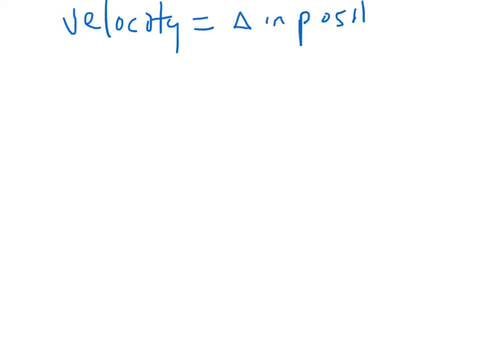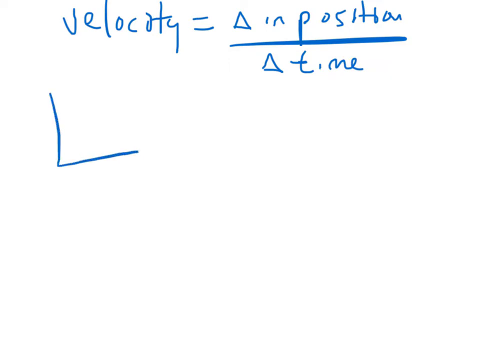So just a definition before we start. We're saying that velocity is going to equal the change in position over the change in time. Remember when we did that in the lab from the graph?